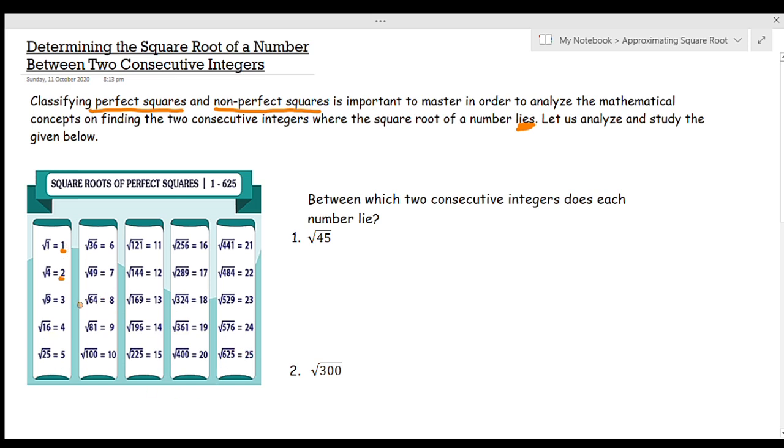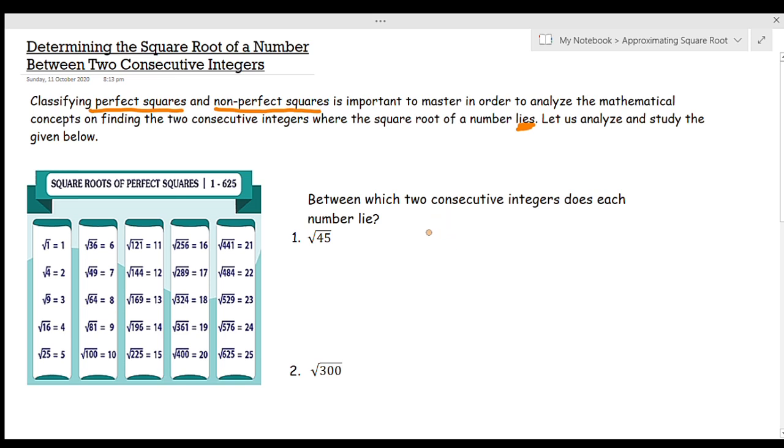For example, we have the square root of 16, the principal square root of 16 is 4. And so on, up to 625, the square root of that is 25.